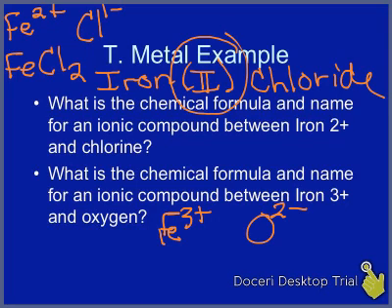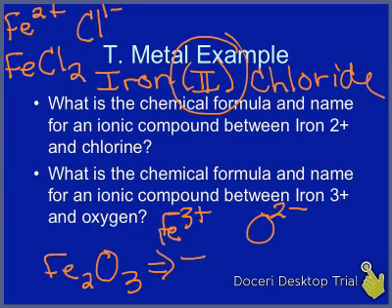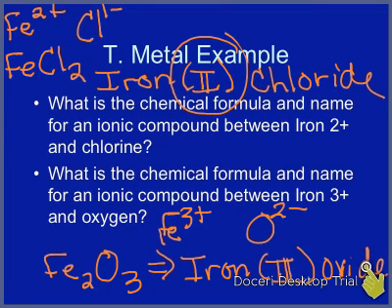What's our chemical formula? Fe2O3. And the name is going to be iron, in parentheses we put a 3, and then oxide.